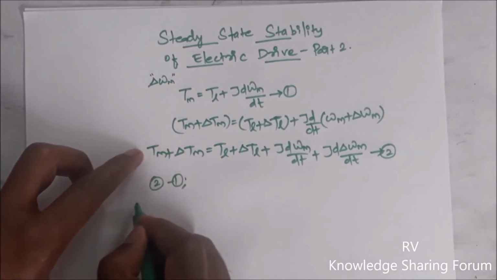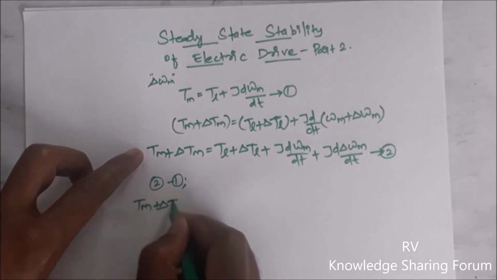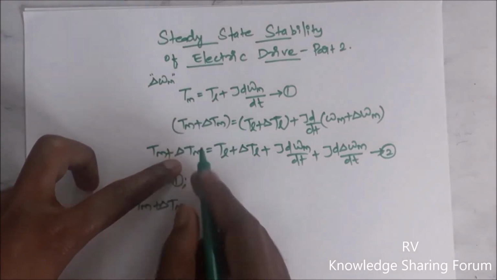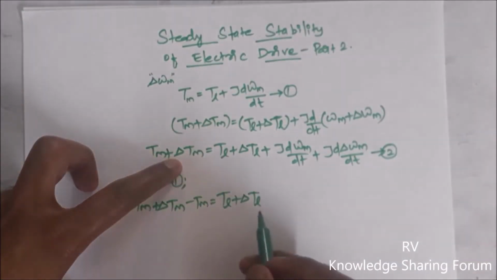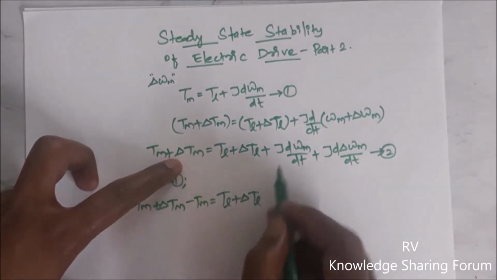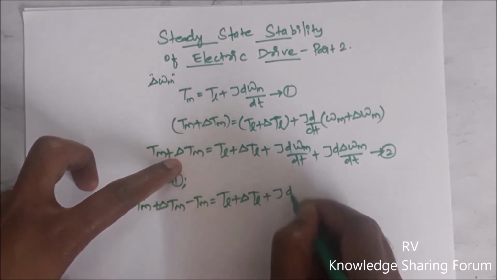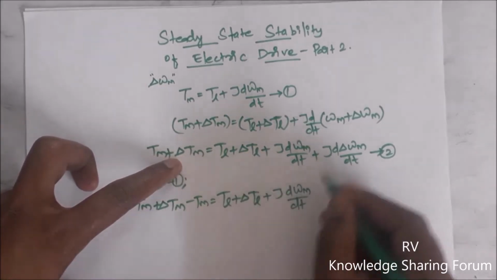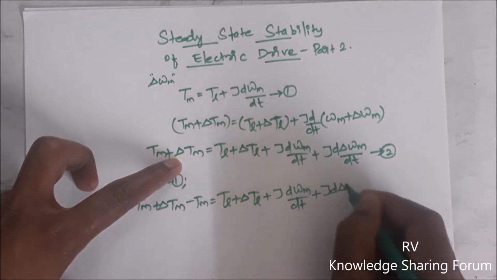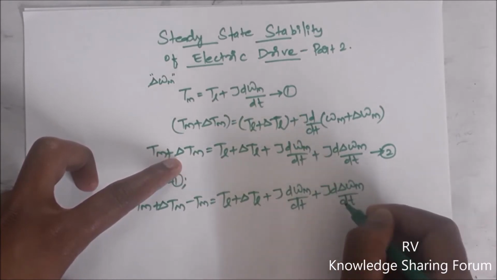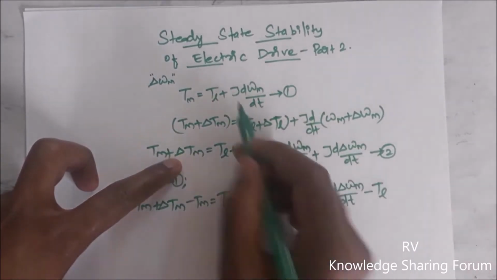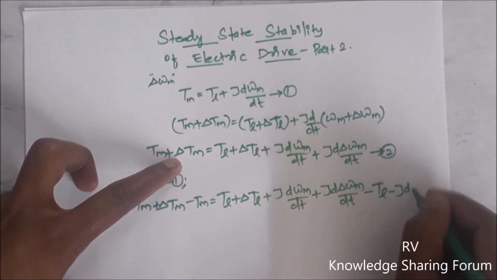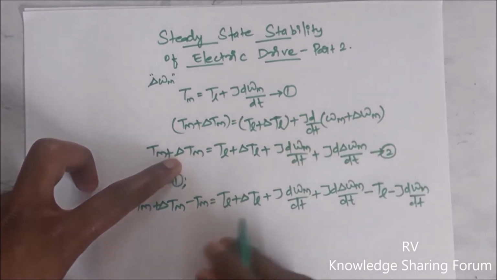So, what will happen? Tm plus delta Tm minus Tm is equal to TL plus delta TL plus J into d omega m by dt plus J into d delta omega m by dt, minus TL, minus J into d omega m by dt.